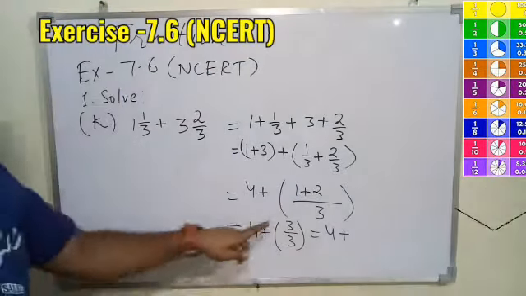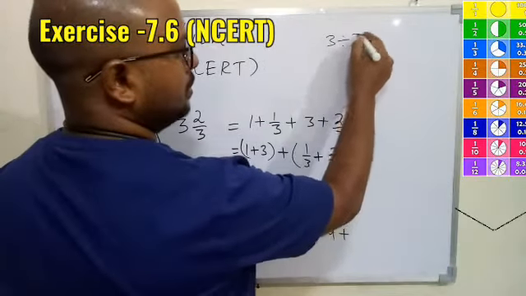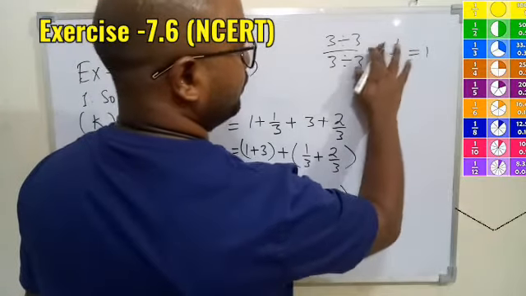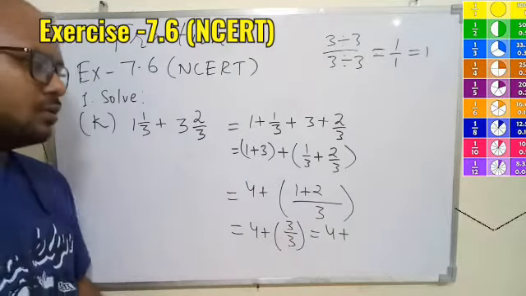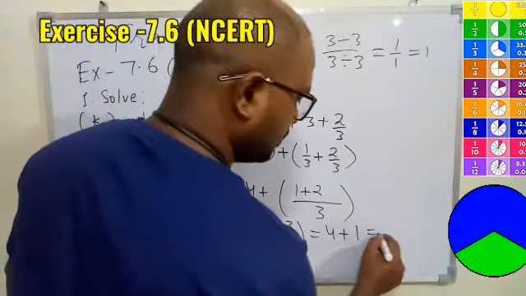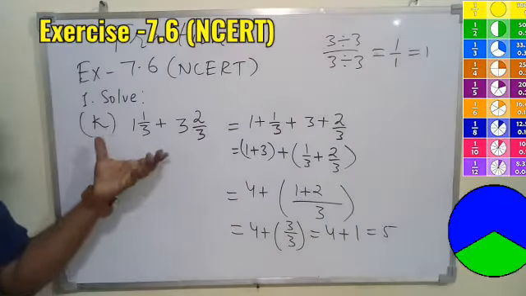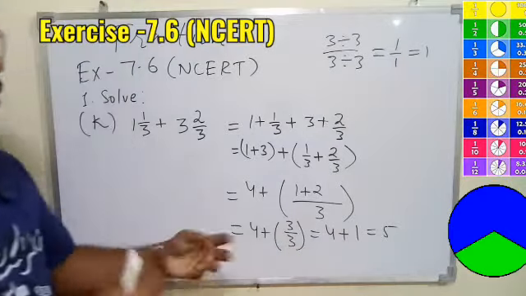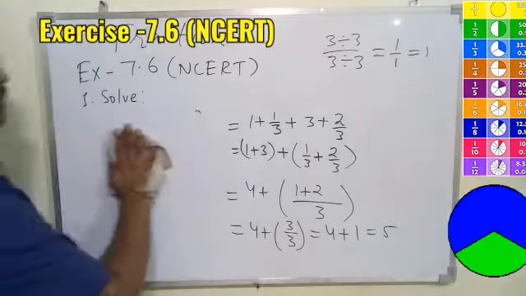I told you in the previous class, LCF of same numbers will be the same number. So you will divide 3 by 3, 3 by 3. So you will get 1 by 1, that is 1. If you divide the number with the same number, what you get? 1 only. So 3 by 3 is 1 and 4 plus 1 is 5. So you can see we started with a mixed fraction and what answer are we getting? 5. So that is how we can do the simplification of numbers.